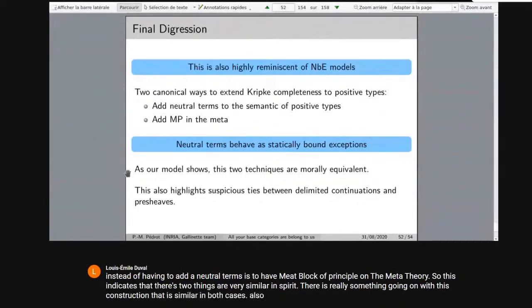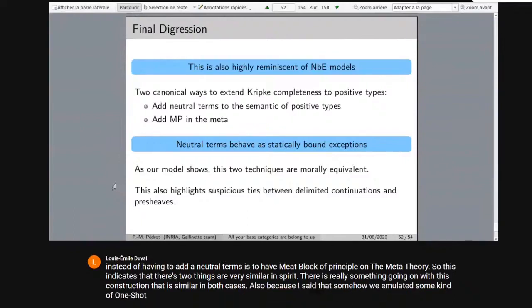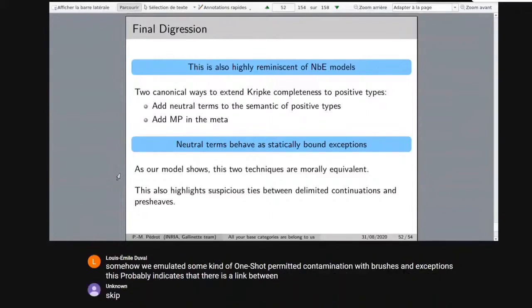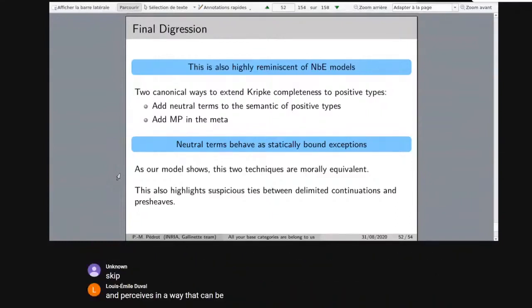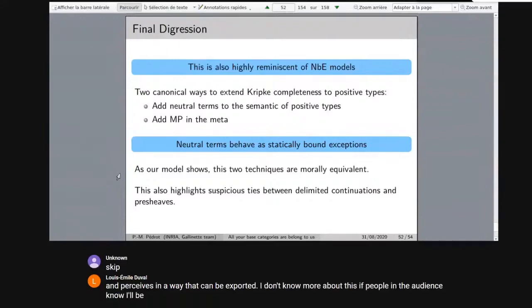Also, because I said that somehow we emulated some kind of one-shot delimited continuation with Presheaves and exceptions, this probably indicates that there is a link between delimited continuations and Presheaves in a way that can be exploited. I don't know more about this. If people in the audience know, I would be delighted to hear about it.